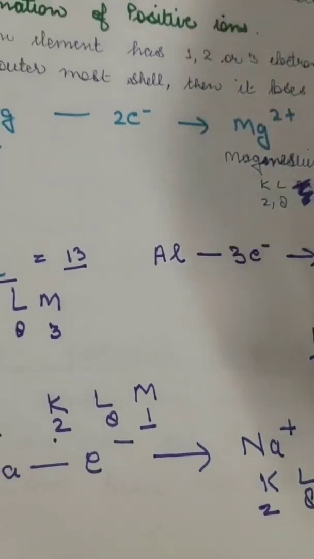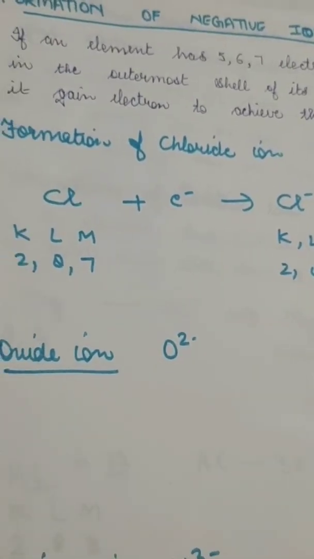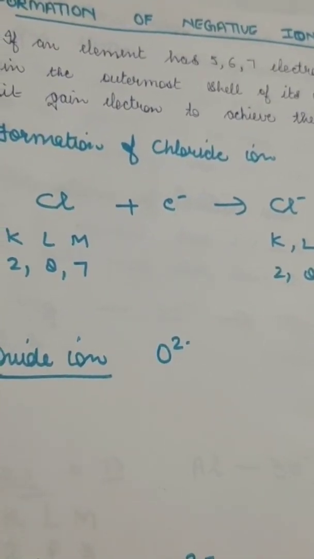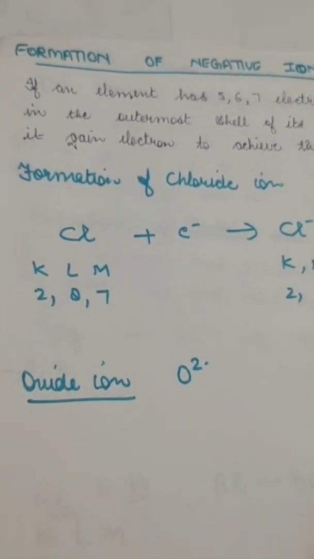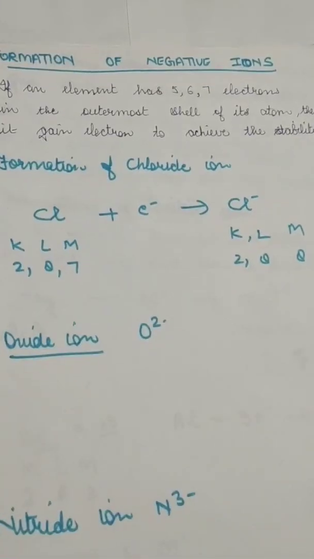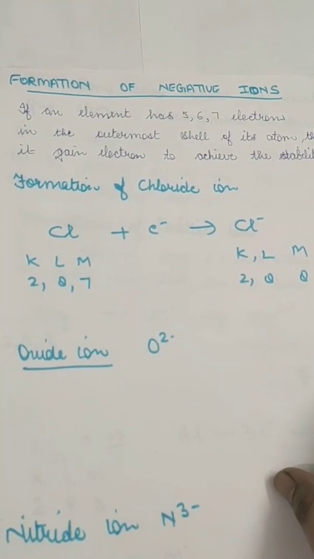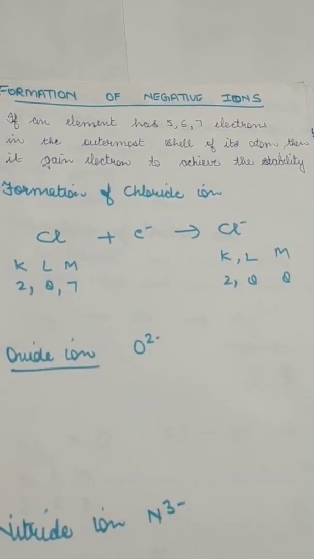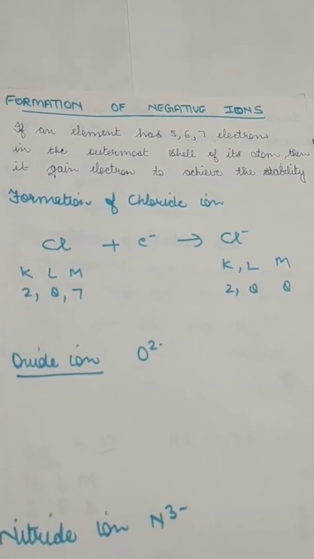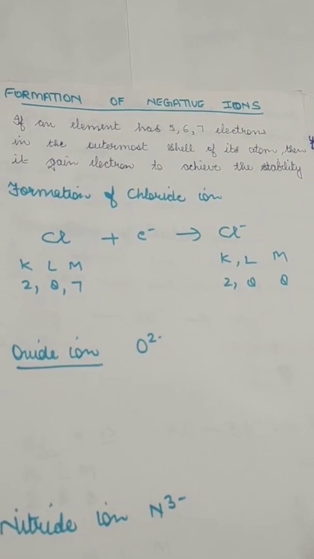So now, how are negative ions formed? In the case of negative ions, they accept electrons. In the case of positive ions, they were giving away the electrons, but in the case of negative ions, they are accepting the electrons. So if an element has 5, 6 or 7 electrons in the outermost shell of its atom, then it will gain electrons to achieve stability, or to attain the nearest noble gas configuration.